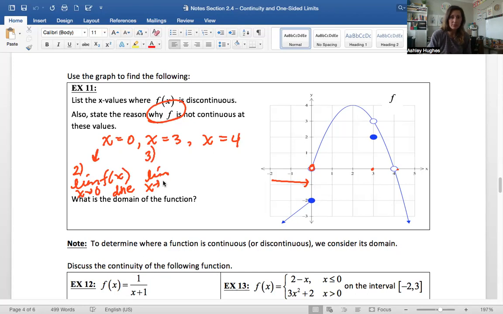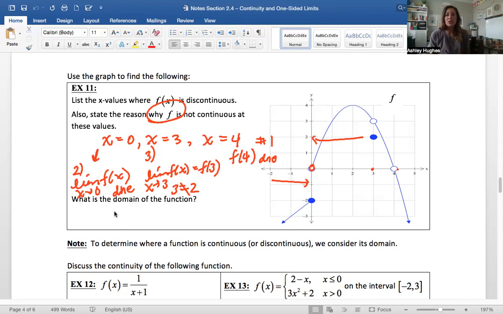The limit does not equal the value at 3. The limit equals 3, but the value equals 2. And these don't equal each other. And 4 is that you don't have a value. f of 4 doesn't exist. This is part 1 of the definition. So those are the formal definitions, how you would use that to explain why it's not continuous.